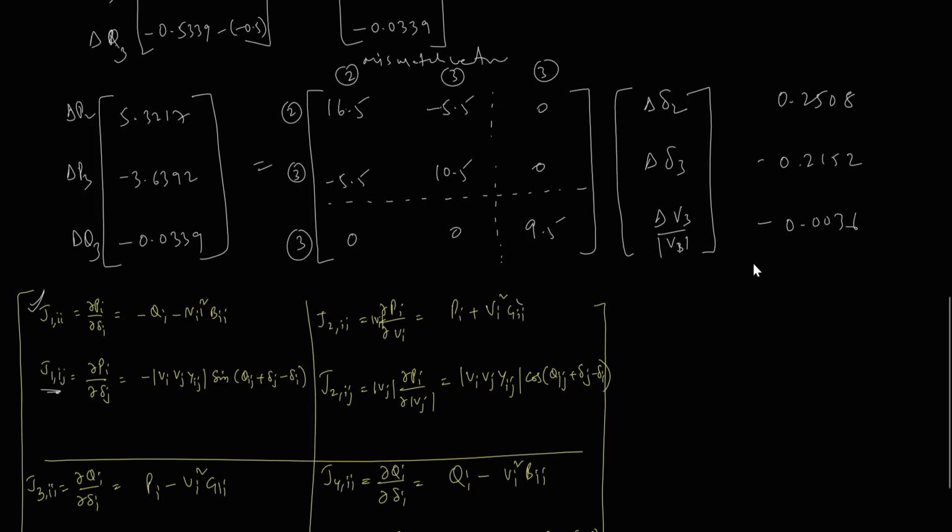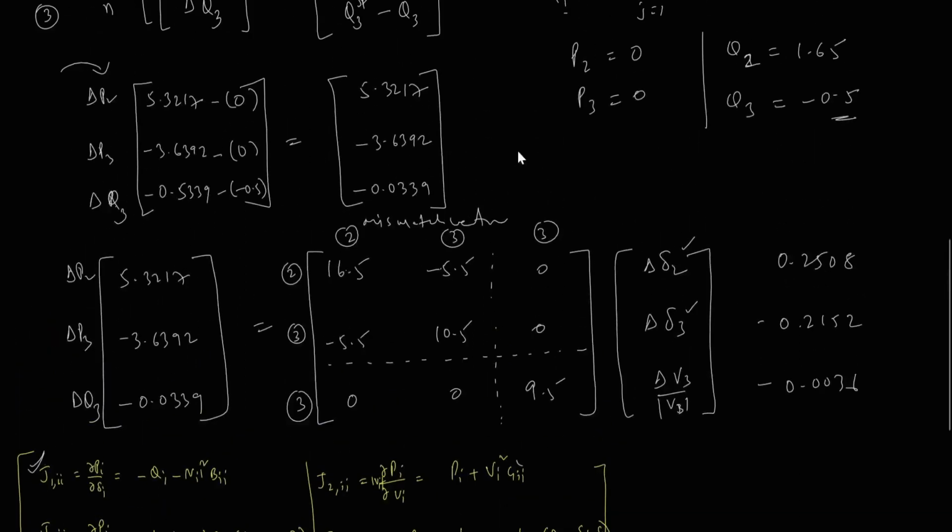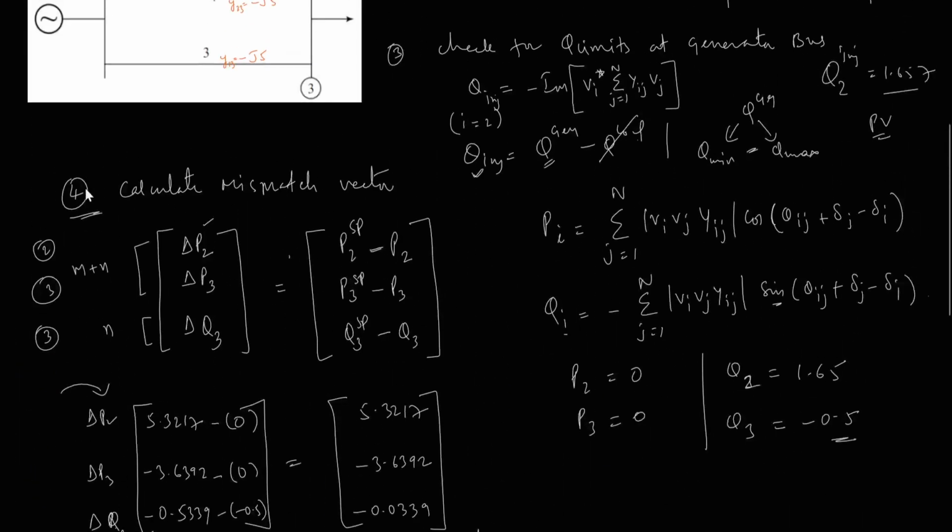So what I have got is the change in delta 2, the change in delta 3, and the voltage magnitude correction. Then the next step, this is the 4th step.